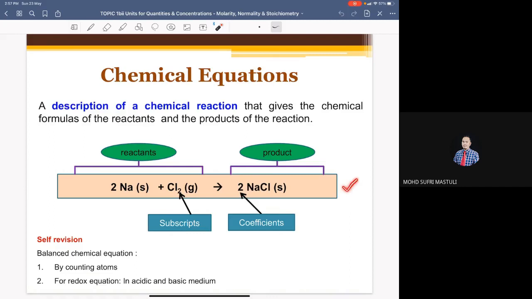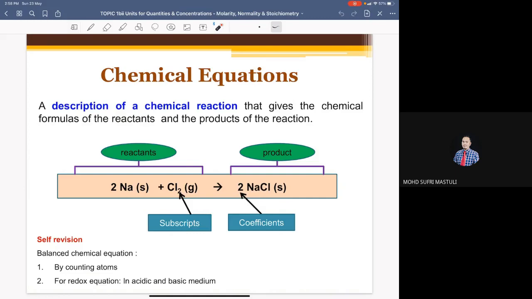This is an example of a chemical reaction. When sodium solid reacts with chlorine gas, it produces sodium chloride. You can see the chemicals on the left-hand side, we call them reactants, and the chemicals on the right-hand side are the products.